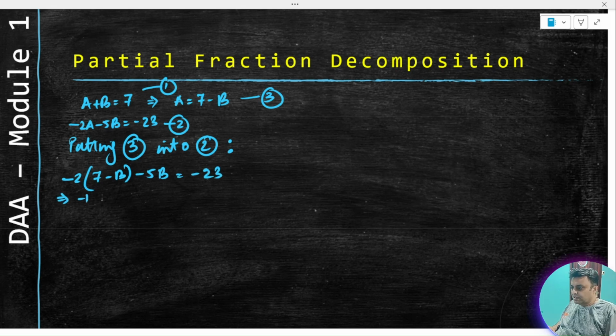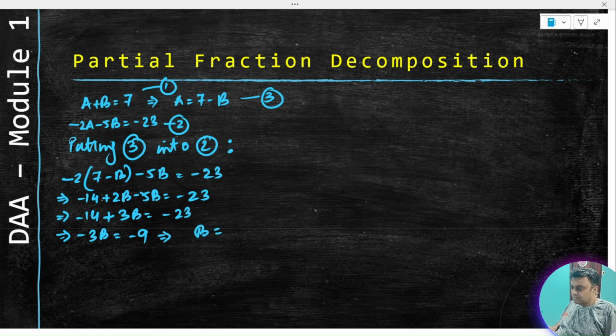This implies minus 14 plus 2B minus 5B is equal to minus 23. And this implies minus 14 plus minus 3B is equal to minus 23, and this implies that minus 3B is equal to minus 9, which implies that my B is equal to 3.